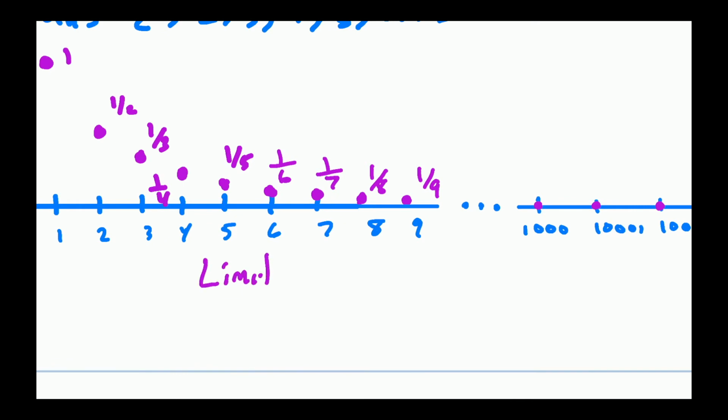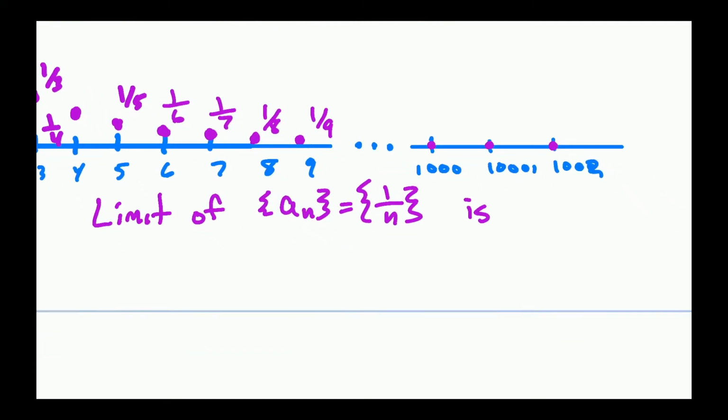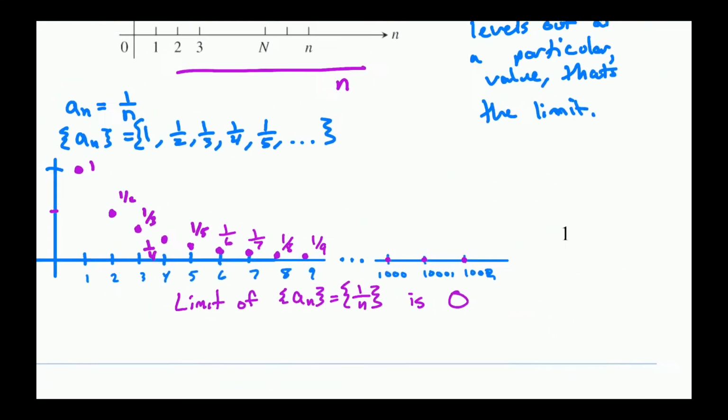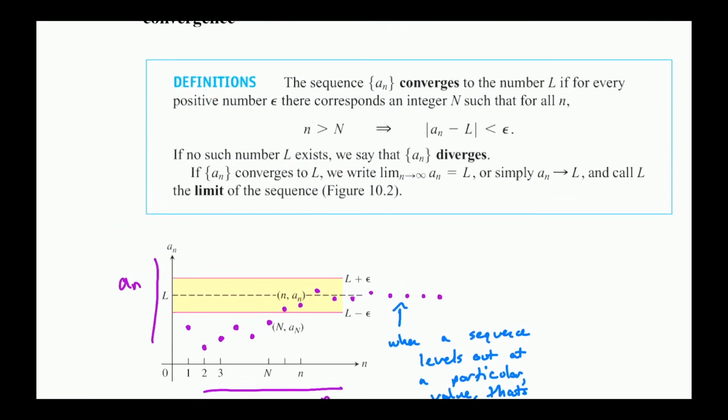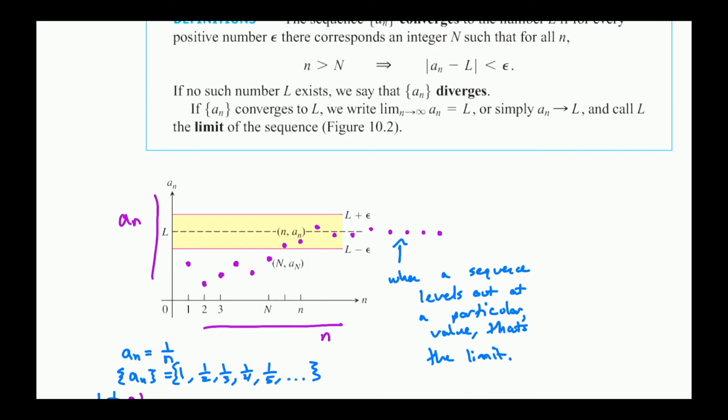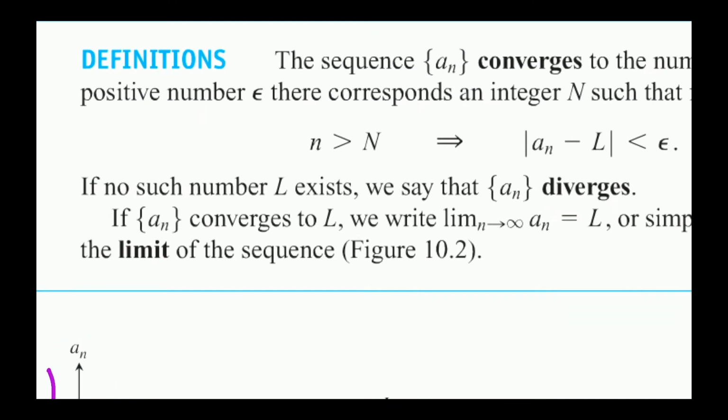So the limit of a_n equals 1 over n is 0. Okay? And so what the definition is that they give you up here is just a formal definition of it. So what this is saying is there's a number called capital N, and if little n is bigger than big N, so they're saying if you go out far enough to the right, okay?